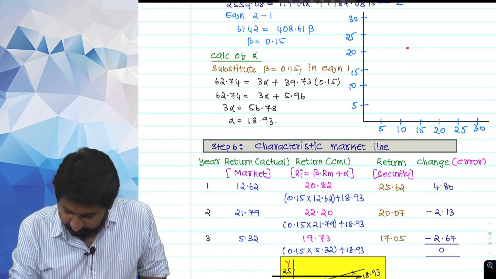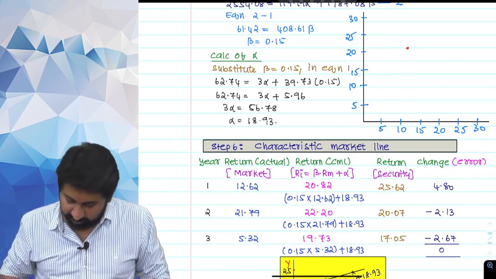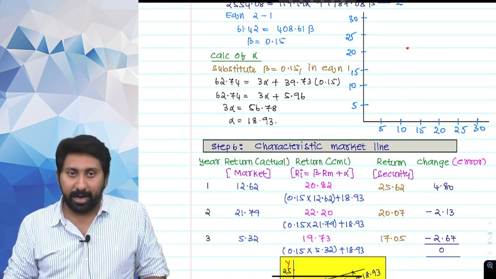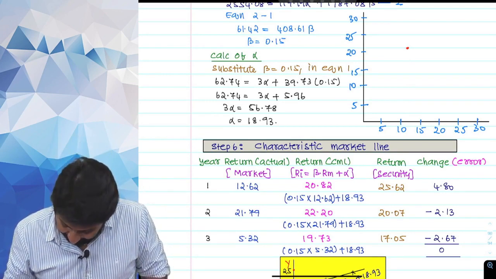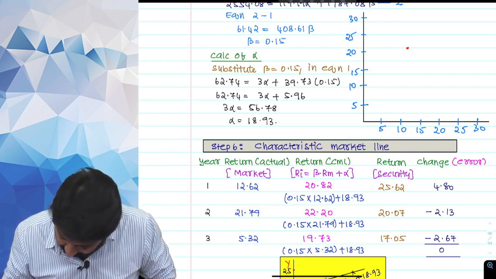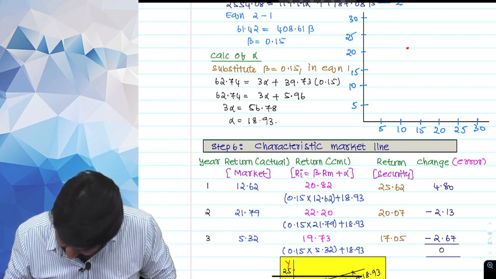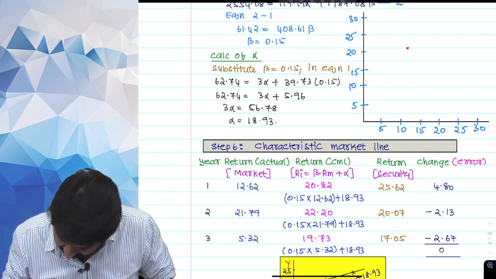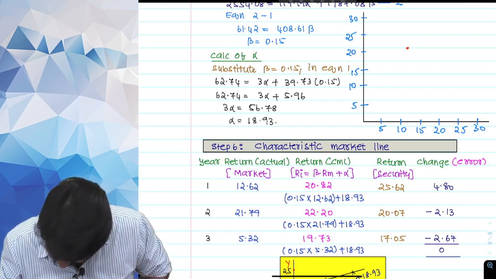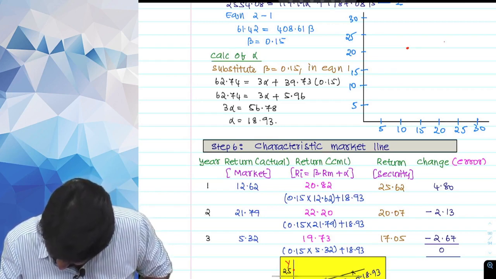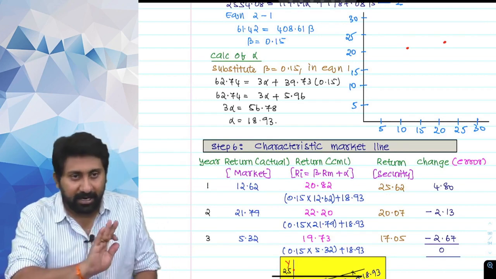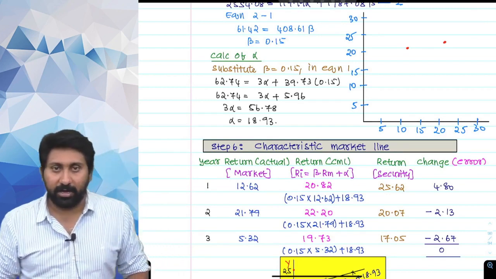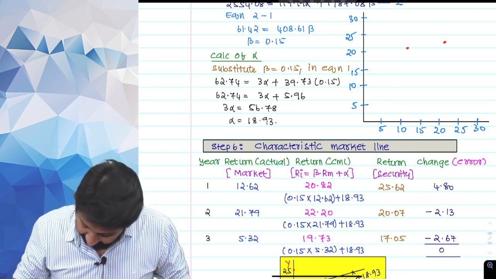Next one, 21.79 and 22.20. Somewhere here. Accuracy aside, I approximated it. Next.